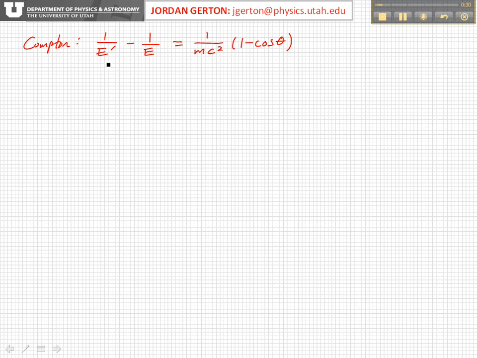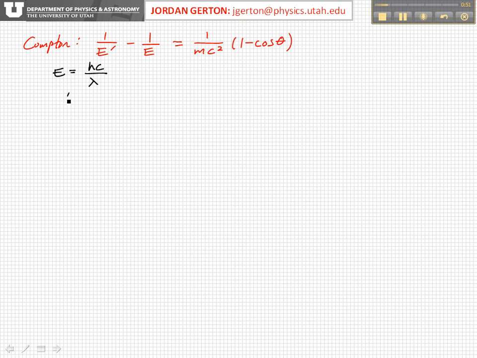Okay, and here I've just rewritten it. One thing that we'll learn in a few lectures is that the energy of a photon is equal to the product of two constants, Planck's constant h times the speed of light c, divided by the wavelength.